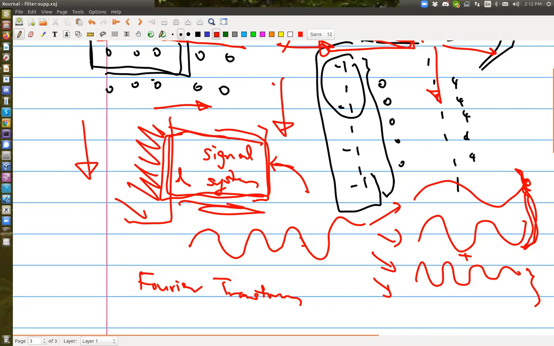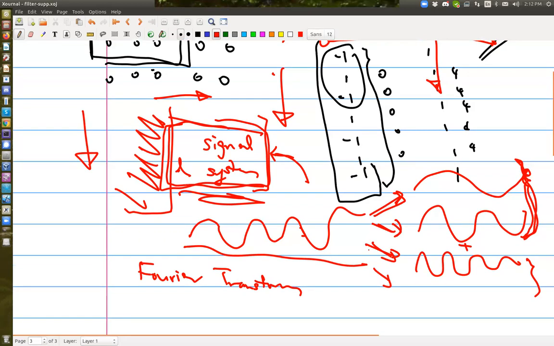I understand that you can be rusty with the math. But think of the Fourier transform as nothing more than transforming the signal from the spatial domain or time domain into a frequency domain, which basically decomposes it into different components.